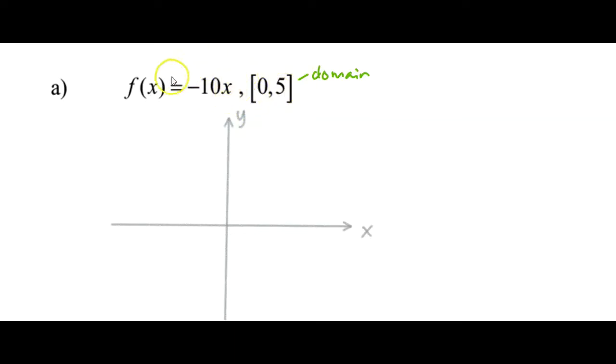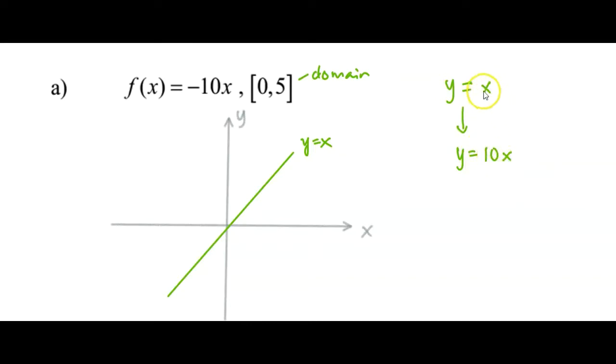I will try to sketch y equals negative 10x. I will always start from y equals x, that is the basic graph. From y equals x, I'm going to sketch y equals 10x, where I will compare the gradient.